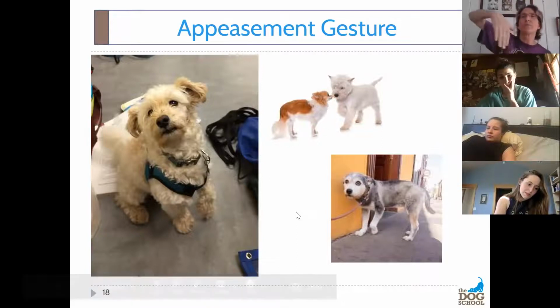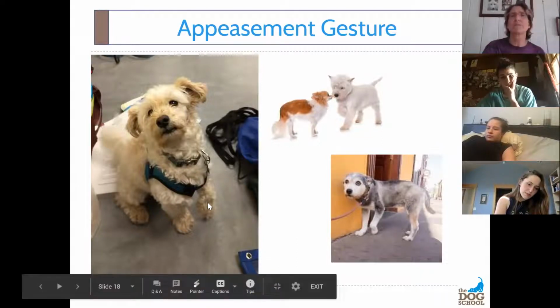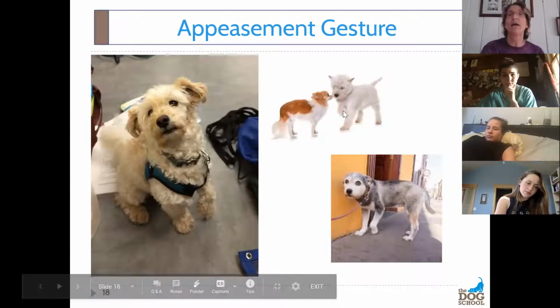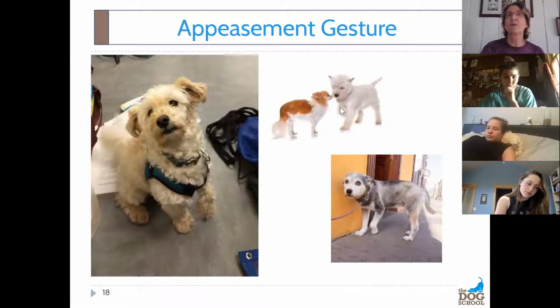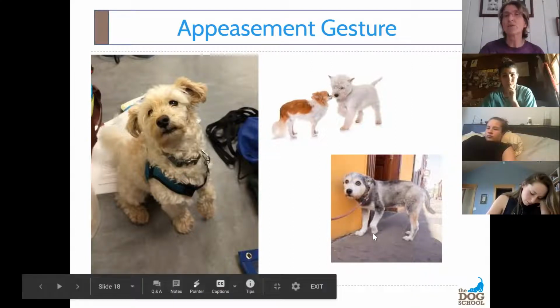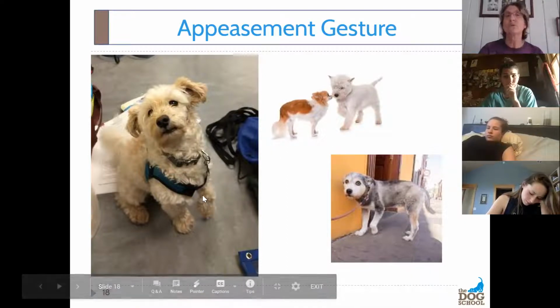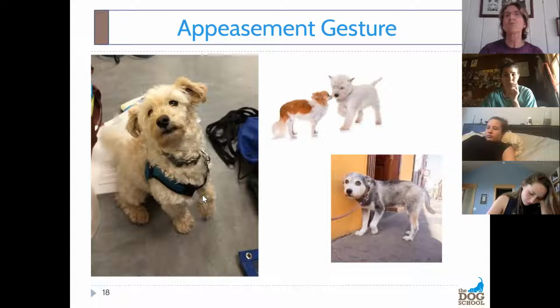You can also get a paw that's similar to this but lifted straight up, or take this part of the paw parallel and this part perpendicular, so you have almost a 90-degree angle. What's to note is you'll get appeasement gestures in a ton of different situations.